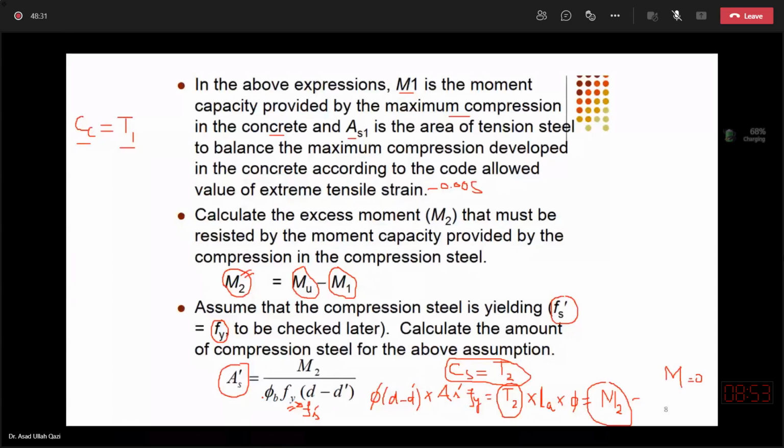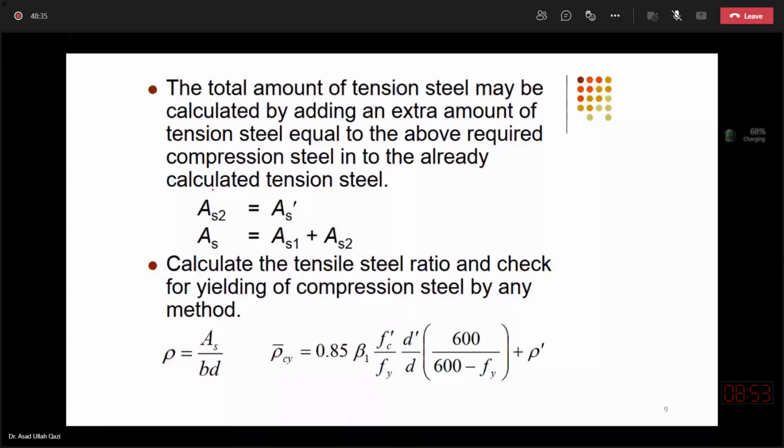I will call this As prime as actually As with subscript 2. Earlier I got As1, now I got As prime, and that As prime I am just calling As2. On the compression side, it is As prime.